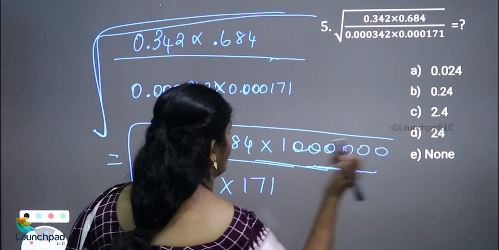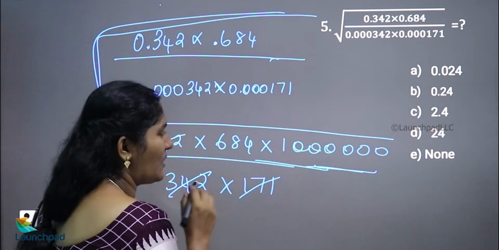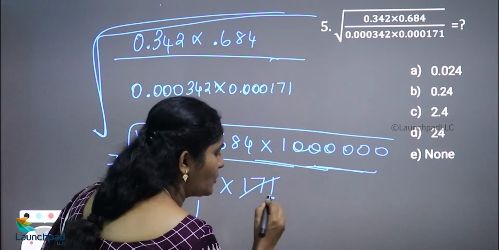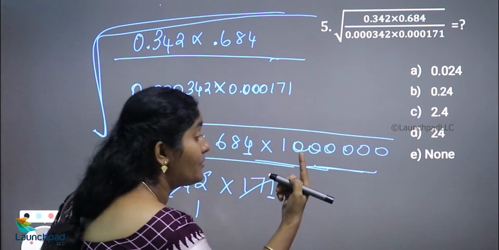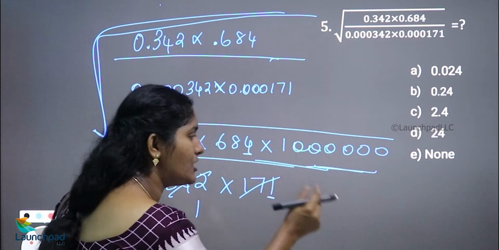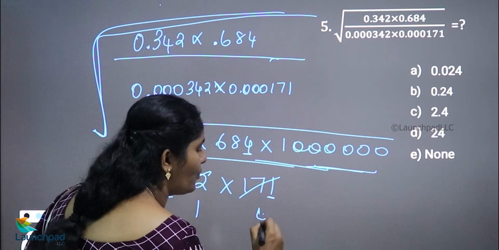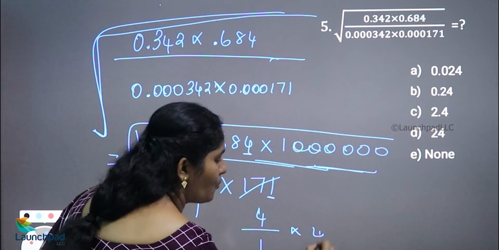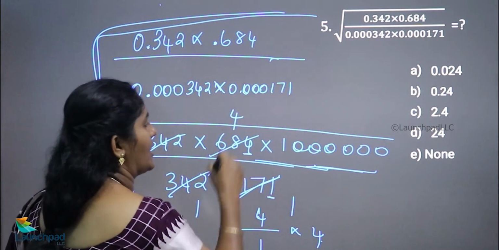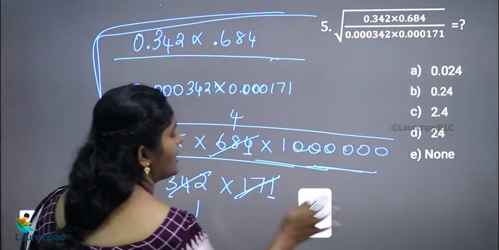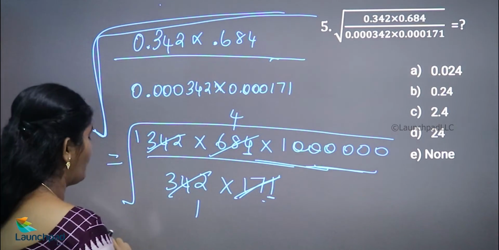Now the whole square root. This is 1 time, this is 1 time. Here I am telling you one shortcut: the number which is ending with 1 and the number which is ending with 4. The number you multiply by 1 to get a result ending with 4 is 4 by 1. So 1 four is 4. This is 1 time and this is 4 times. 171 is 171 times 1, and 4 into 171 is 684.